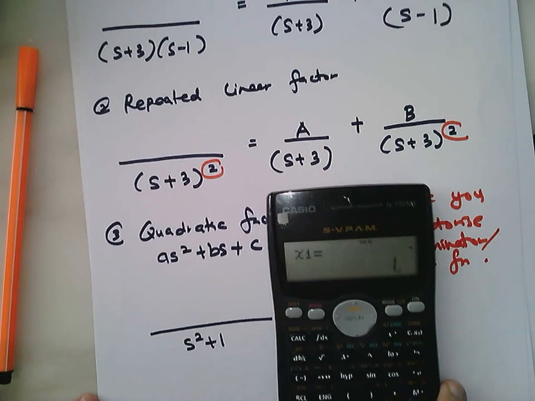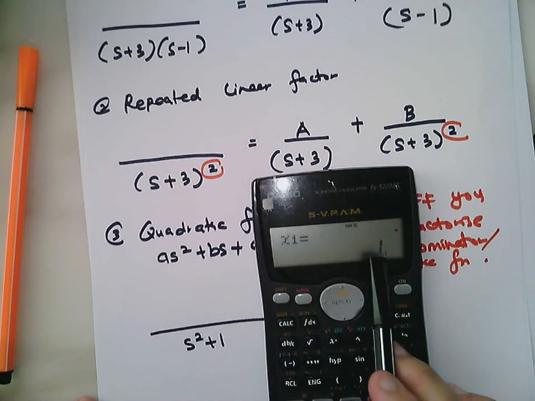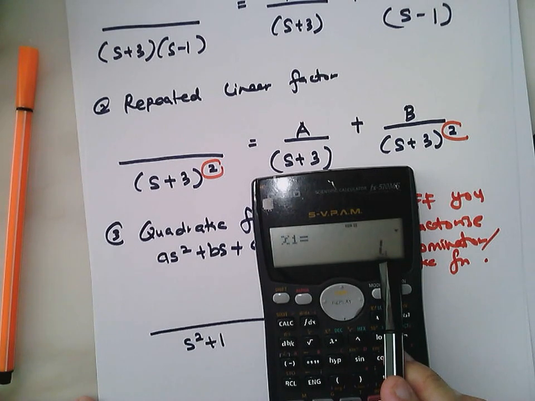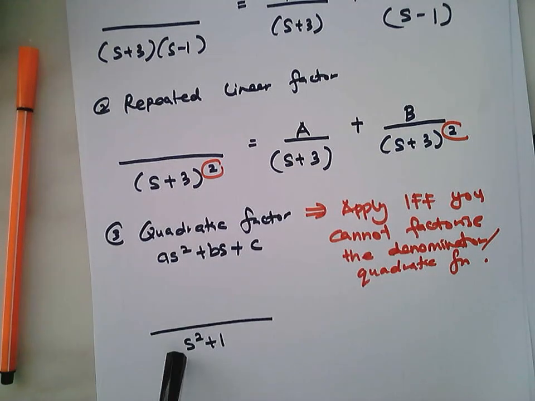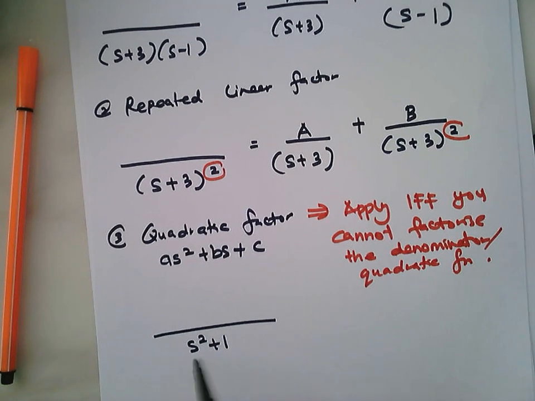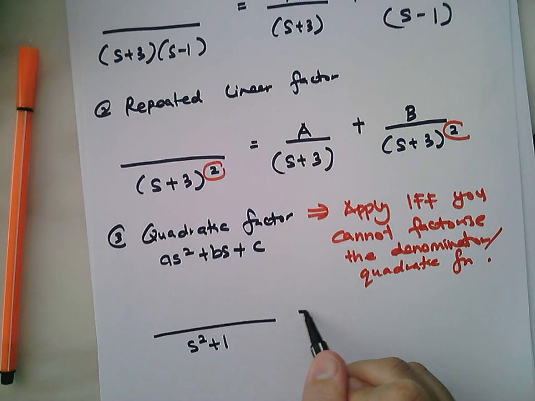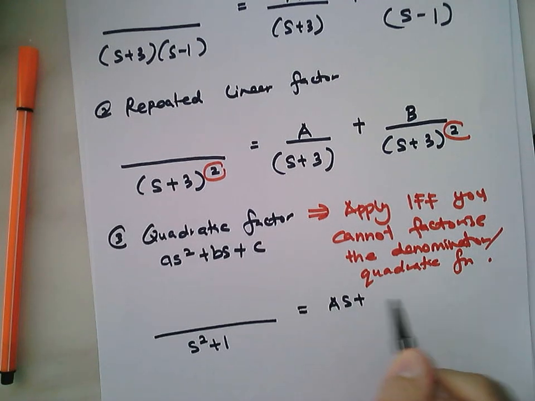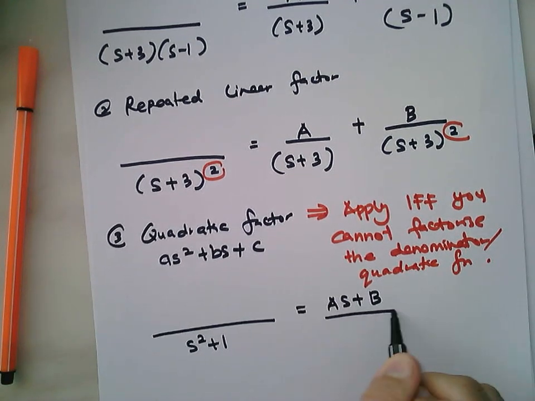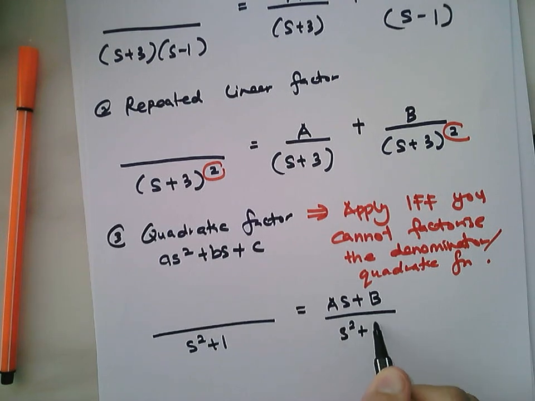As you can see, you get the imaginary part i, which means this function cannot be factorized. Therefore the partial fraction of this function will be As plus B over s squared plus 1.